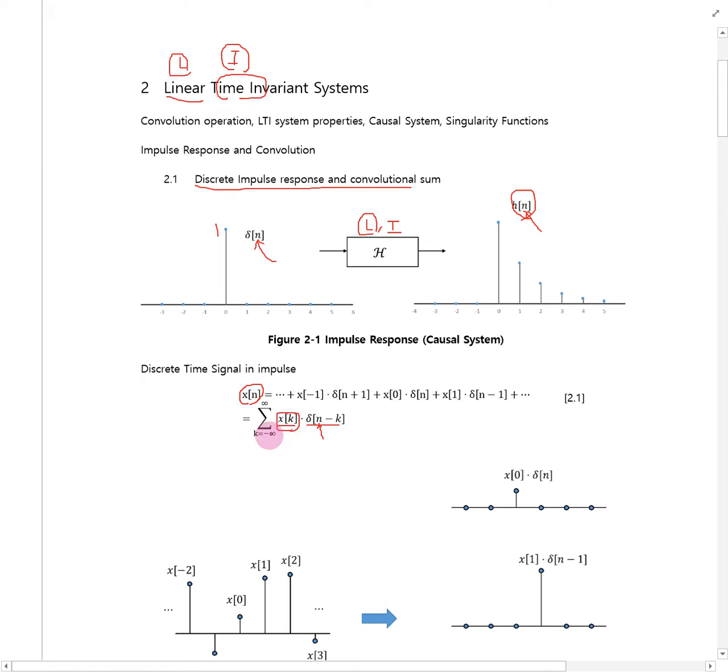We know that in a linear system the scale factor is conserved in the output. If the input delta is scaled by x[k], then the output is also scaled by x[k].